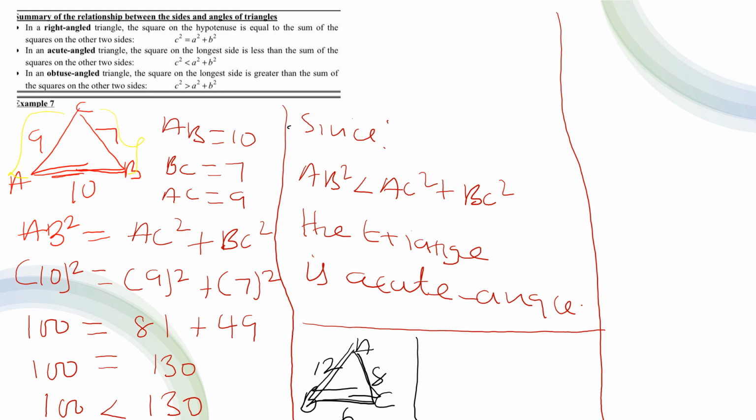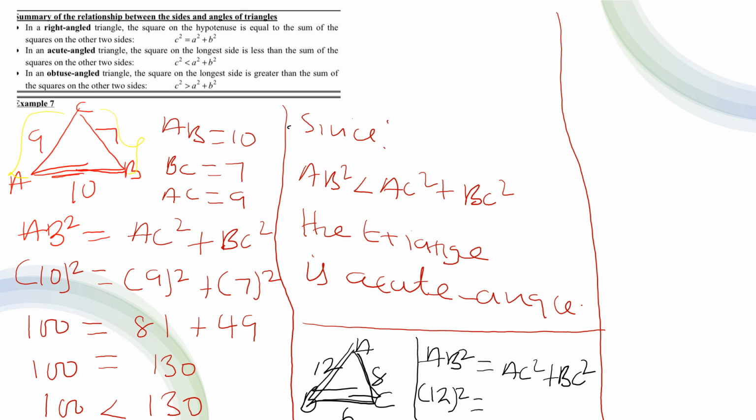So now, guys, let's do another example here. We are proving what type of angle this is. Determine whether triangle ABC is an acute angle here also, or obtuse angle. So what do we see? We always look for the longest side. The longest side is the side with the biggest number. So AB squared is equal to the sum of the two shortest sides, which is AC squared plus BC squared. Now what is AB? 12 squared.